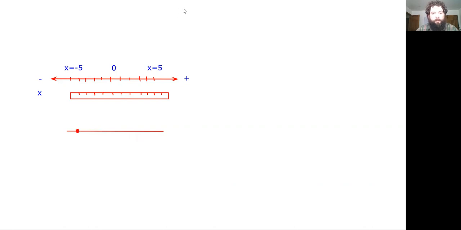So to measure time, we would measure it with a clock. And so I'll draw a little clock here. So it starts out here at 0.